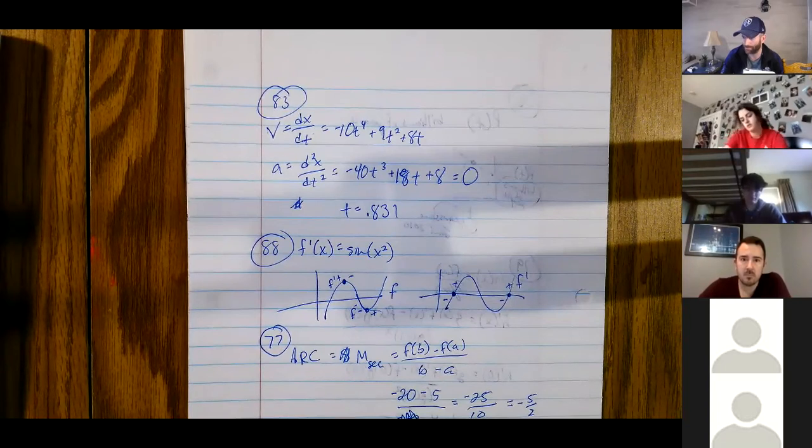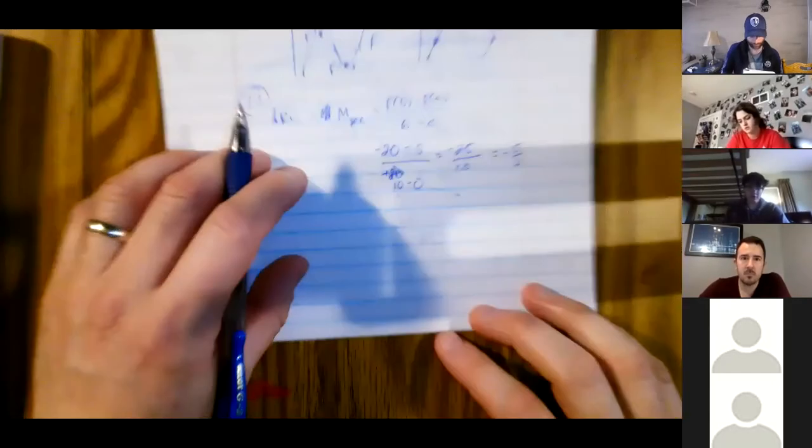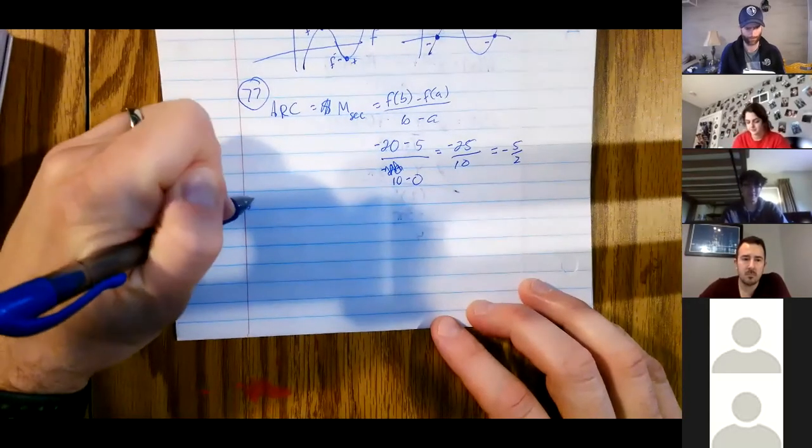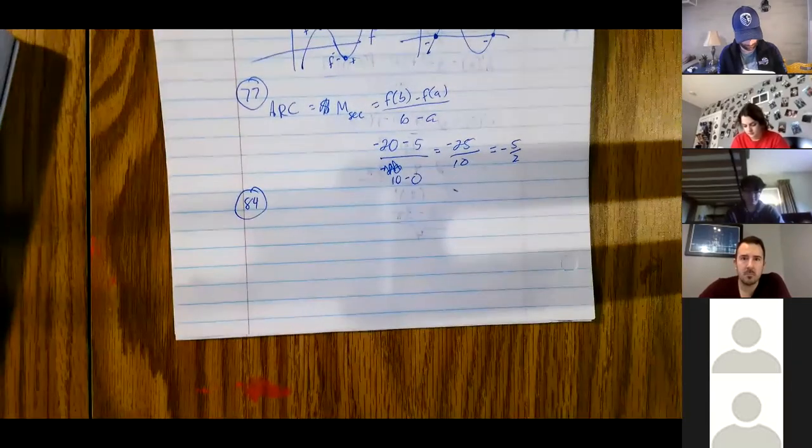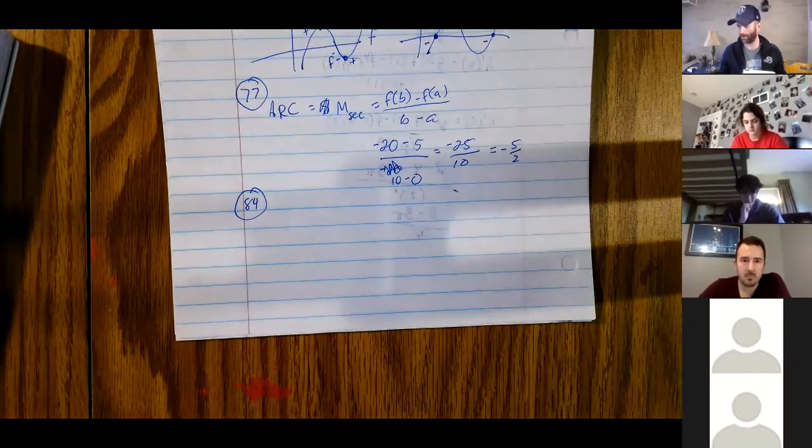All right, and then can we do 84? 84, sure. All right, so let me pull up 84. All right, the function f is continuous on the closed interval 1 to 7.